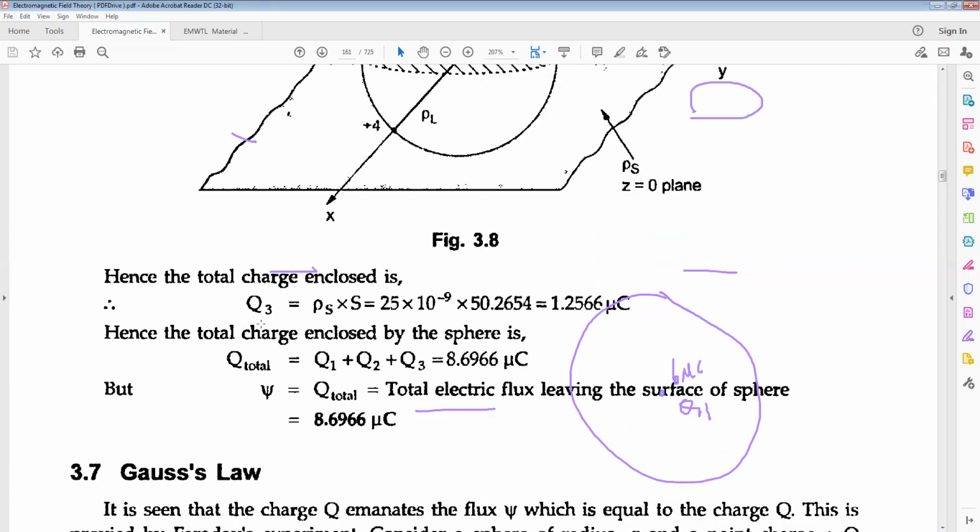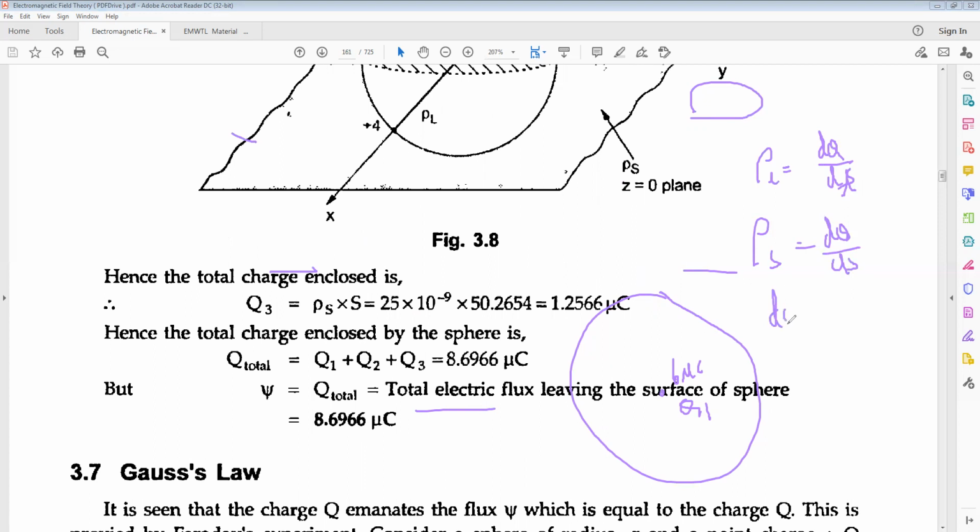So the charge Q3 is rho S into S. Actually, the formula is, rho S is equal to dq by ds.